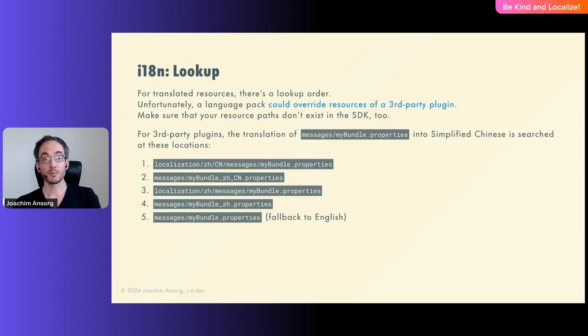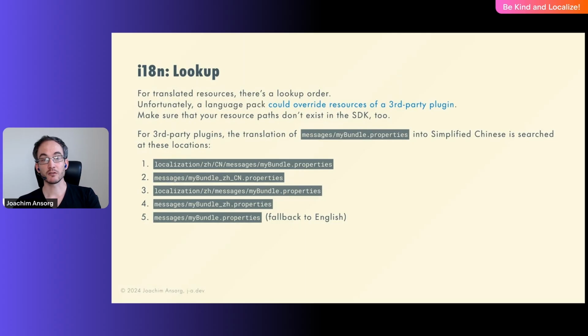There's a lookup order for I18N for internationalized resources. The IDE or the SDK is going to look at different resource paths to find the translated resource in your plugin. You definitely should not reuse resource paths which are also in the SDK because that would make it fail.